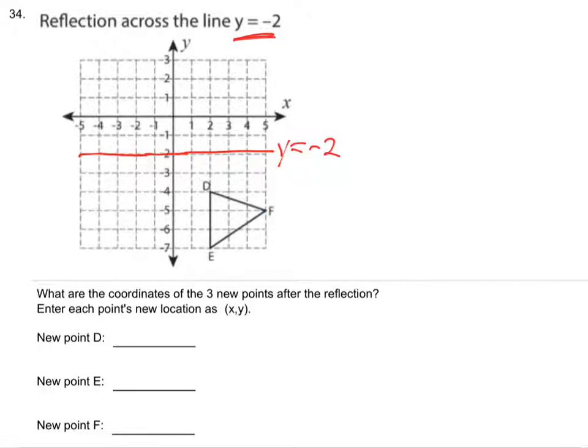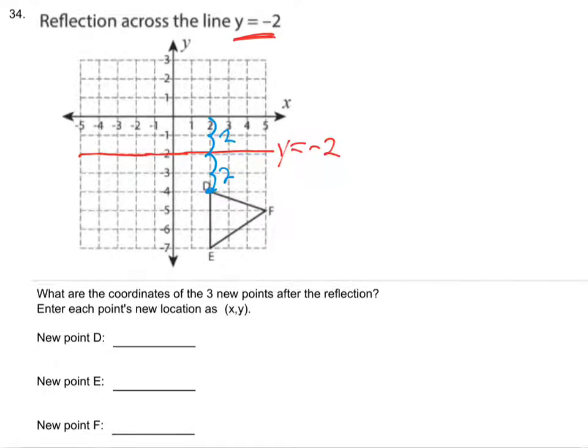We'll start with D. So the D point here is going to go 1, 2. Remember, they always go straight at the line and then same distance other side. That's how mirror images are, right? When you're looking in a mirror, you see your image and it looks like it's inside the mirror, beyond the mirror, same distance to the other side. So if it's 2 this way, it's 2 that way.